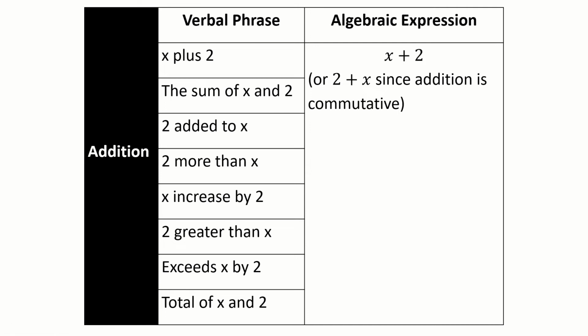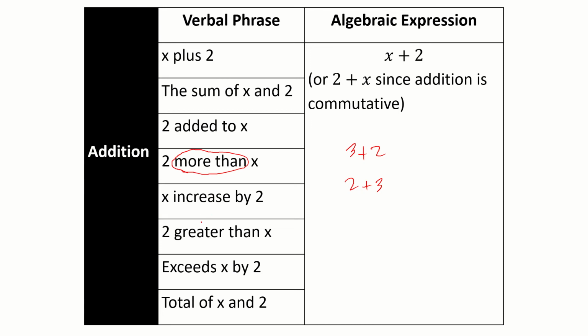In other words, for example, you have 3 plus 2. Even if you put the 2 first, so 2 plus 3, that will still be 5. So it's okay. But every time you see the word more than, this is what you need to be careful of, because this would be the common mistake of students.